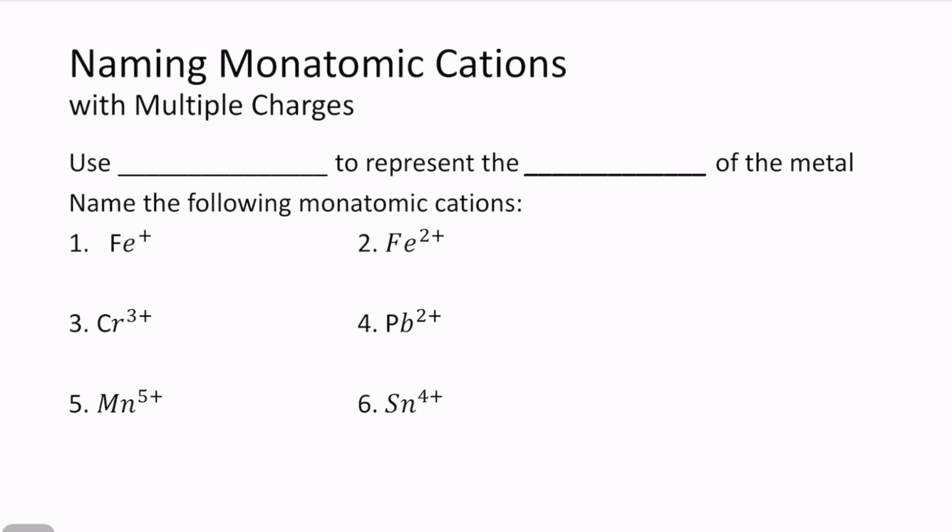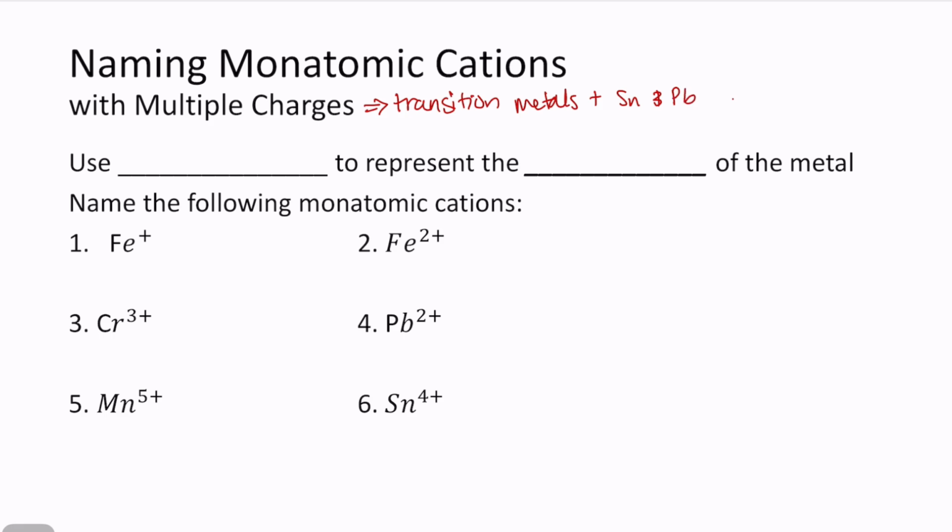When you are naming monatomic cations with multiple charges, so these are going to be the transition metals plus tin and lead.